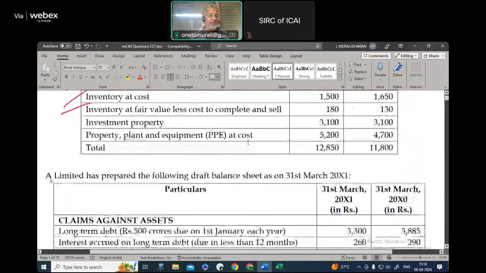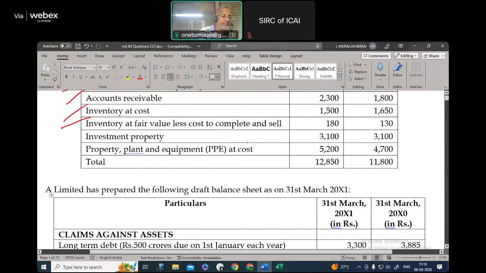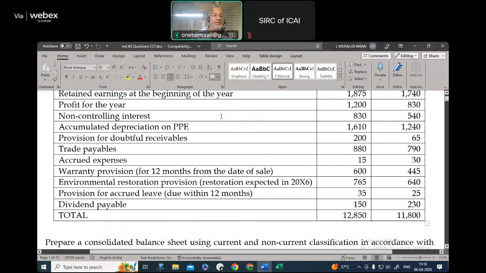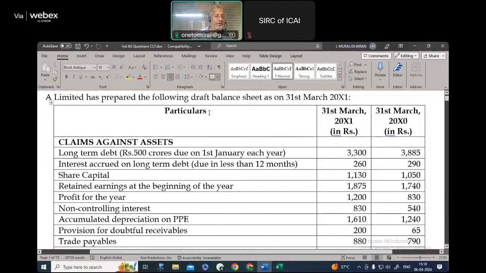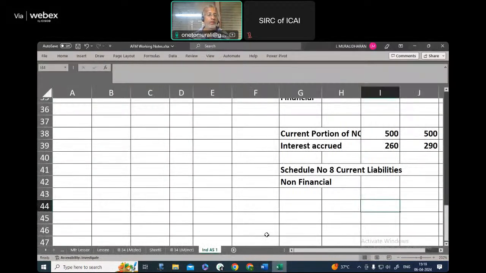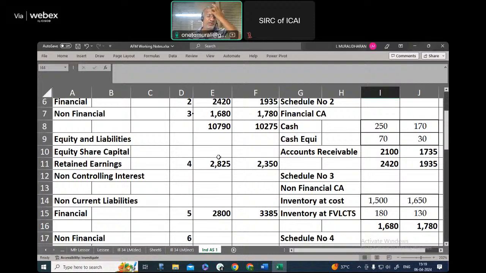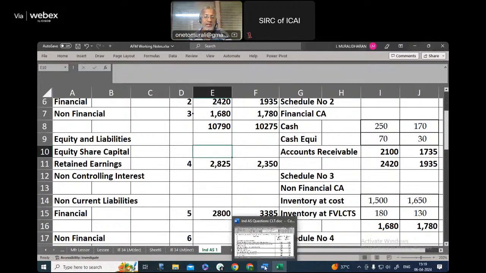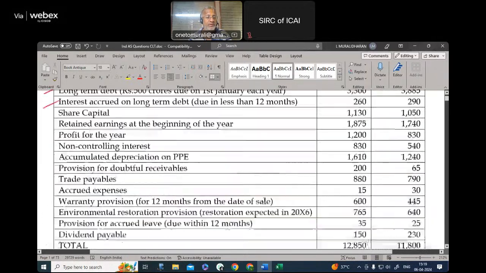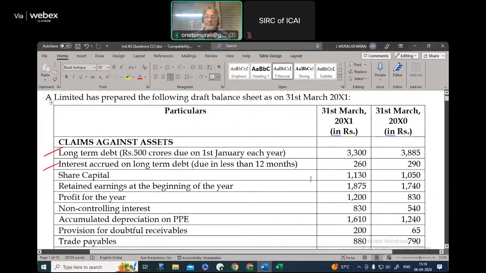So we have just done all items on the asset side, liability side, long-term debt, and share capital, on which there is no change. There is nothing we can show separately.